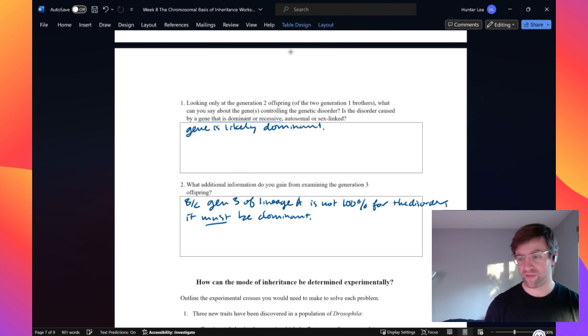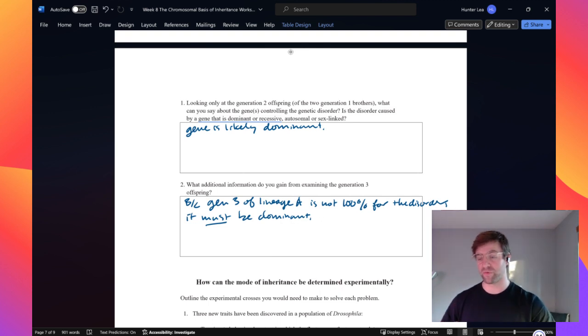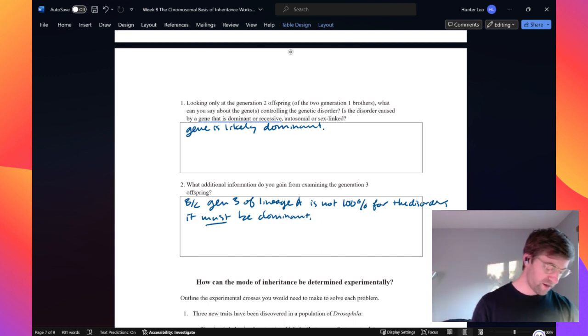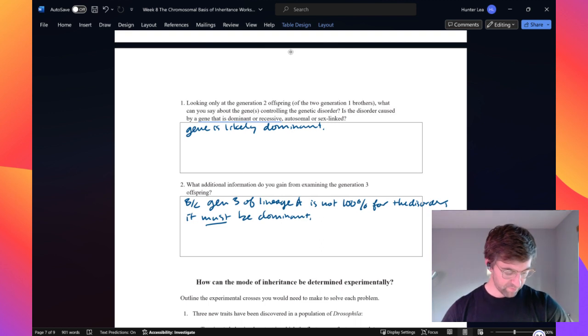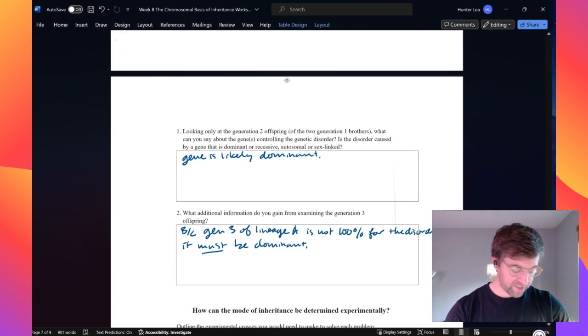Yeah, it must be dominant because if it was recessive and both of the parents were expressing it, 100% of the offspring would be homozygous recessive, and they are not. What else can we tell from this?